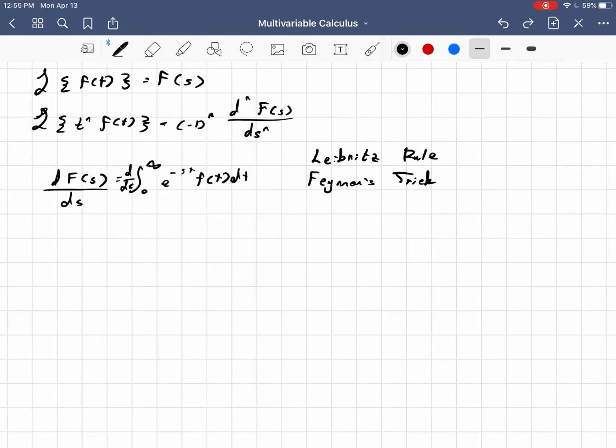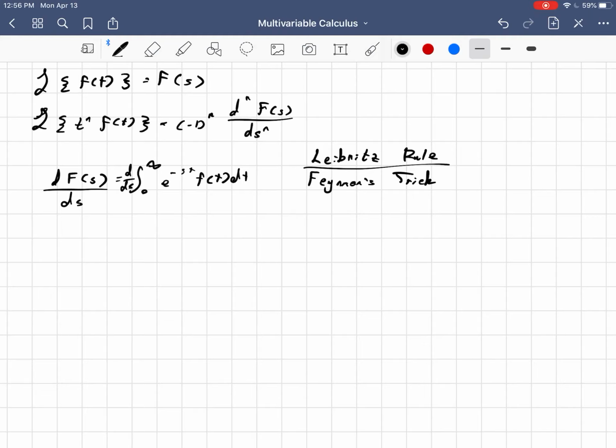You might have heard it called Feynman's trick, even though it was Leibniz who really came up with it first. And then Feynman just said, well, it's a pretty cool trick, but it was Leibniz. Anyway, you've done this before. It's just a more general case, the Leibniz rule.